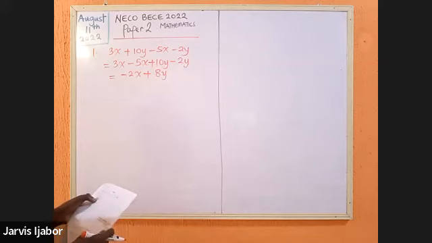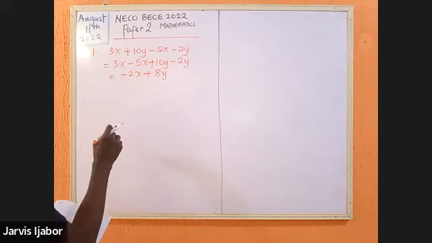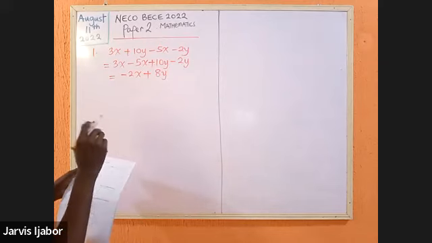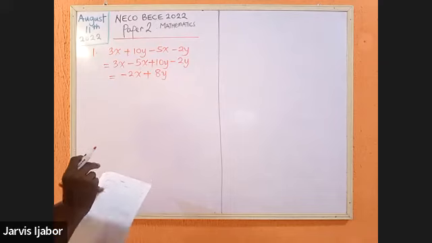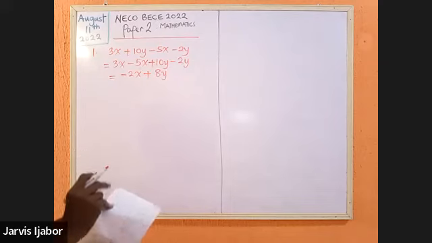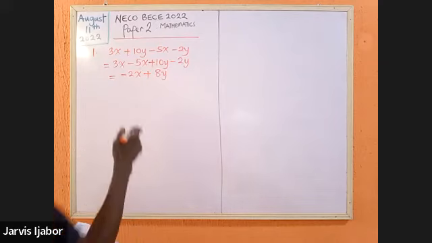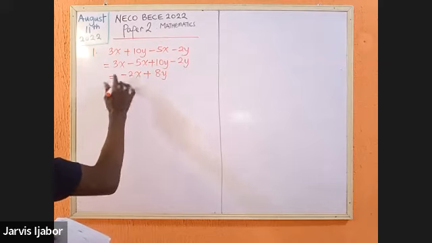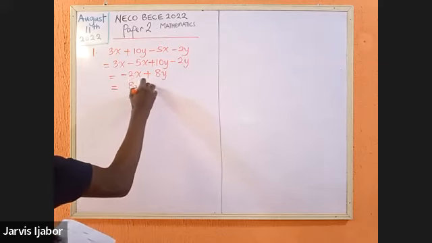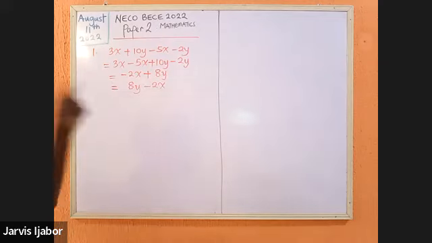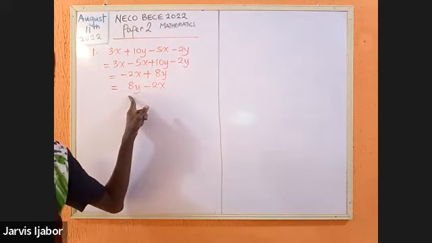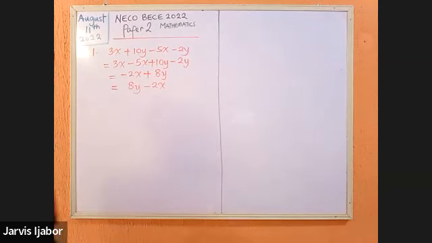If you look at the options you have here, you'll notice that there is one option in which x is carried. There are two options where they're carrying y, option A and option E. Those are the options you need to focus on. So from here, I'll simply rewrite this. When I taught you algebra earlier, I usually said always ensure that the first term you're writing is positive, because usually examiners put the answers in that manner.